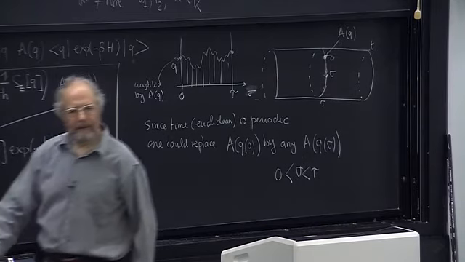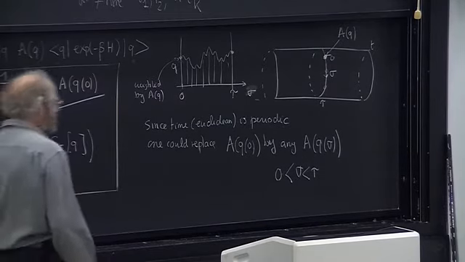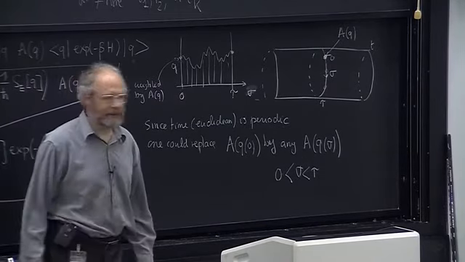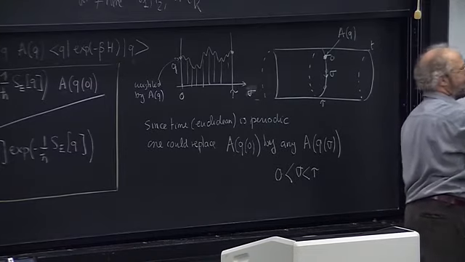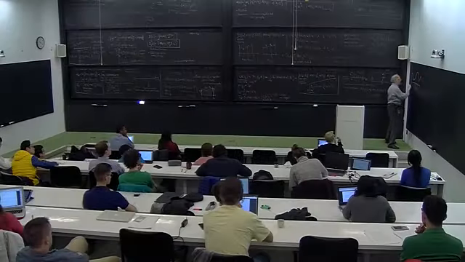Would you then have to shift the limits of integration as well? No, because it's periodic. If I have a periodic function, for instance, a sine, between 0 and tau, and now I change my origin, it's still periodic.